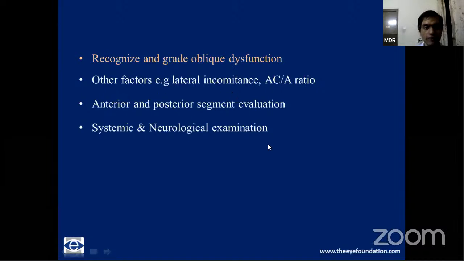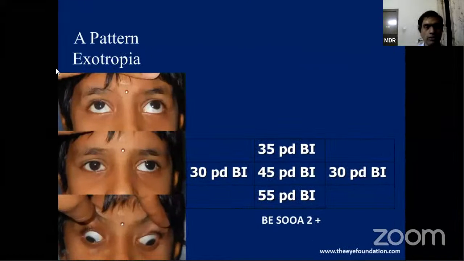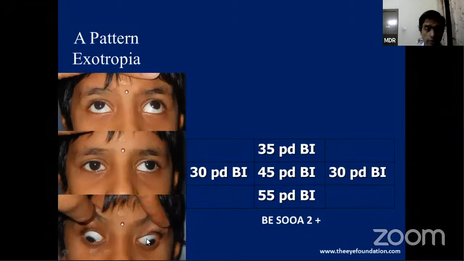Then there are these other factors, and you have to do a comprehensive anterior and posterior segment evaluation, and systemic and neurological evaluation wherever required. This patient has an A pattern exotropia, more exo in down gaze. So you measure in primary position, up and down gaze, check for any lateral incomitance, and grade the oblique overaction. I shall be mentioning oblique overaction grading shortly.